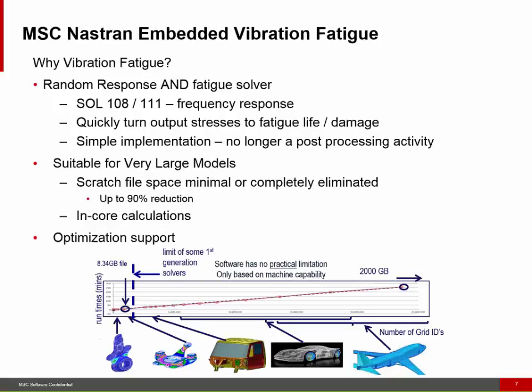We've seen reductions of up to 90% over traditional methods, and that means you also have a possibility to speed up the overall analysis time, since writing to a disk is a time-consuming activity. And finally, you also have the possibility to do optimization with the objective or the design constraints of damage and fatigue life. So that's also possible in the solution 200 solution sequence.